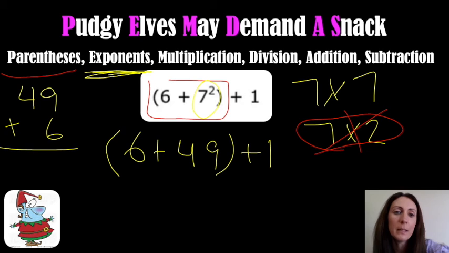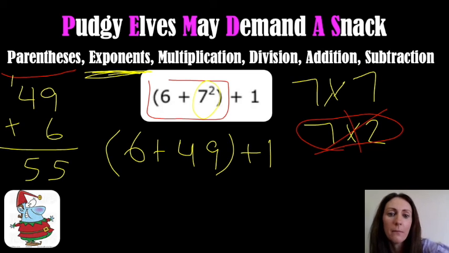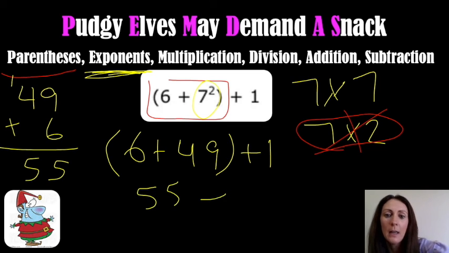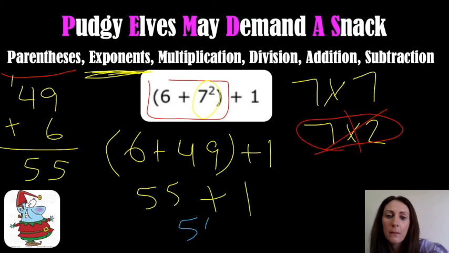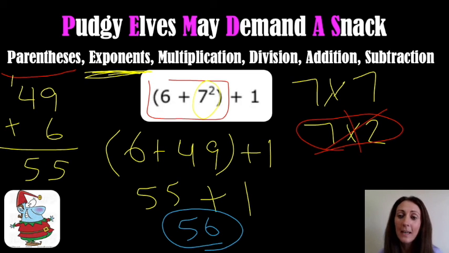I know 9 plus 6 is 15. 4 plus 1 is 5, so I have 55 as my 6 plus 49. And then I'm rewriting the problem and I have plus 1. What is 55 plus 1? That's correct. 56. So if you got 56, you would be correct.